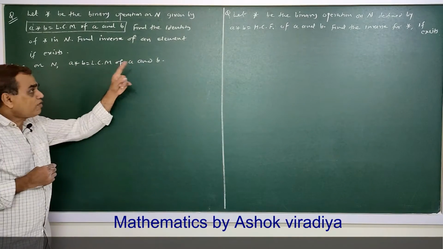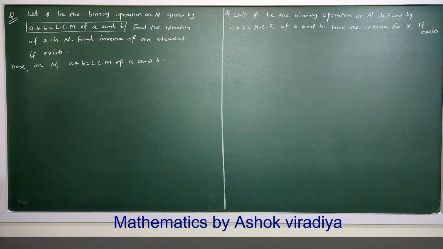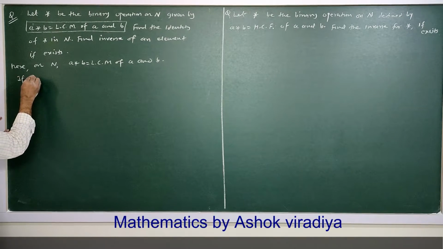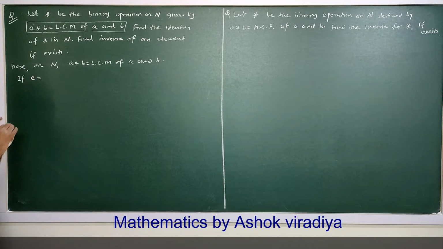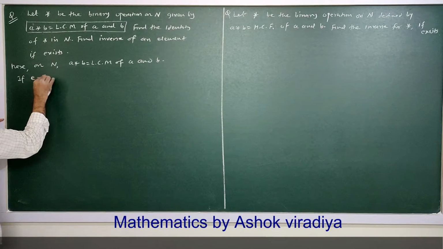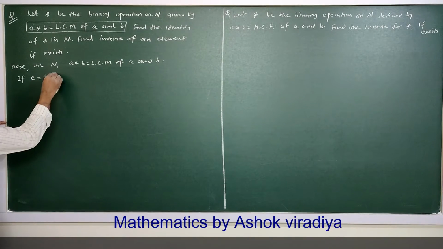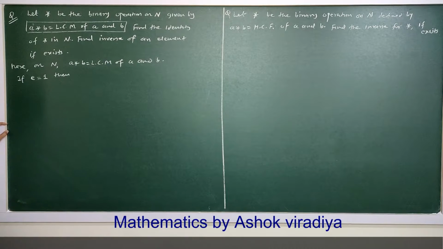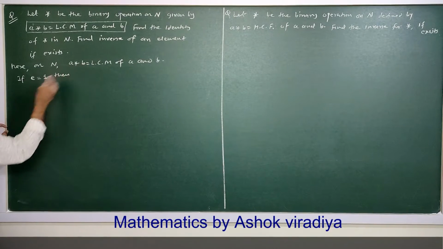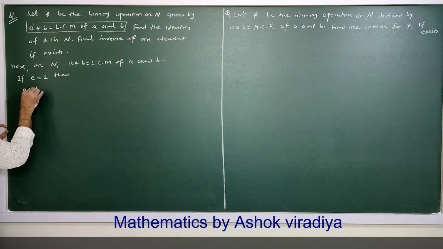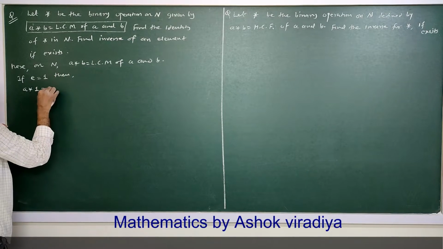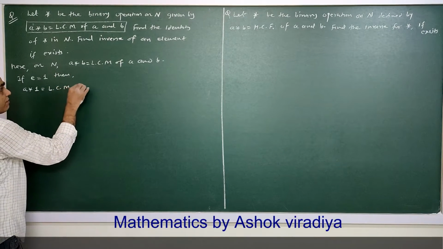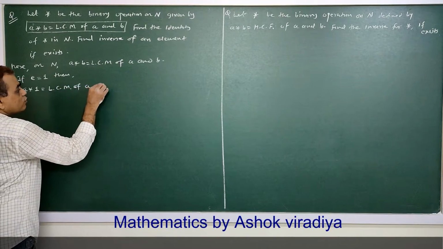The formula is LCM of A and B. Now suppose we take E equal to 1, then what happens? A star 1 is LCM of A and 1.